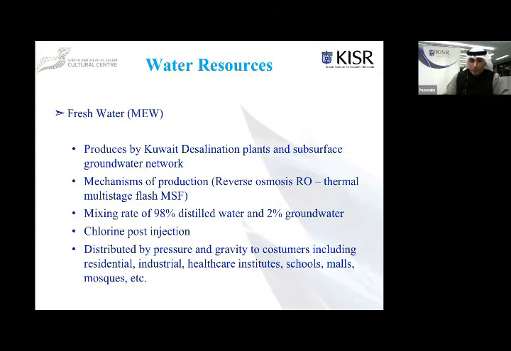The fresh water is mainly obtained from the Ministry of Electricity and Water, produced by desalination plants in Kuwait, and some from groundwater.